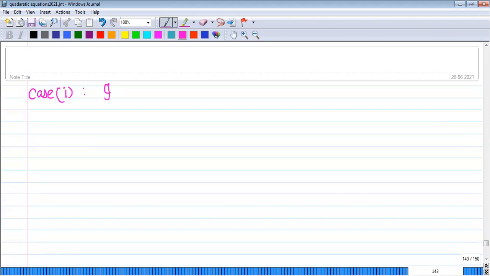If t is equal to 5 by 2, then x + 1/x is equal to 5 by 2. Now this we need to solve. Our target is to find out the x value.